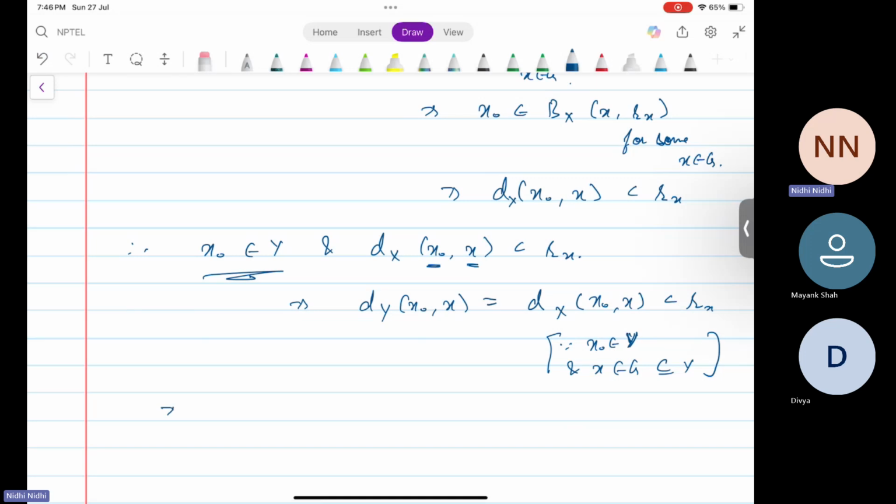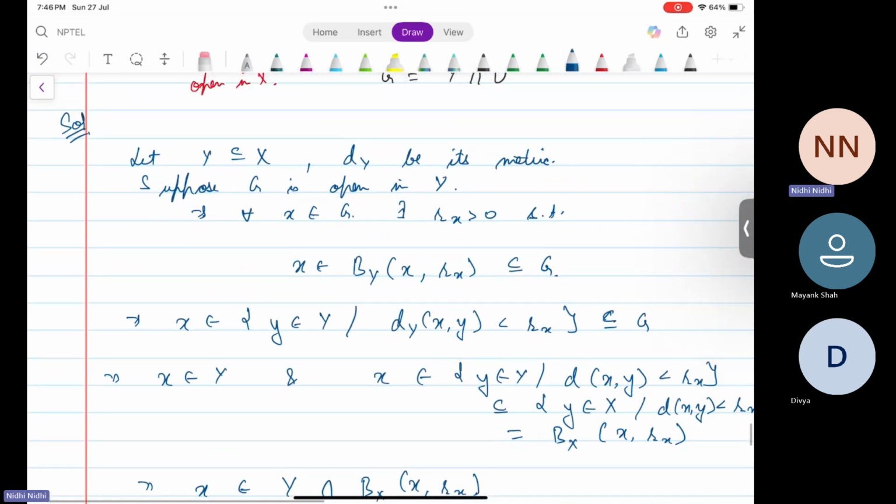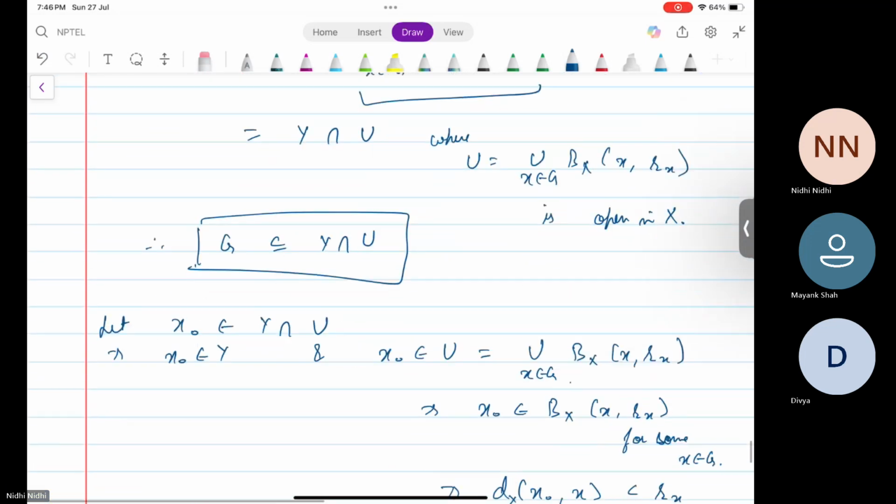This implies x naught belongs to the ball in Y around x, sorry, around x with radius Rx. Now we know that this is contained in G from here.